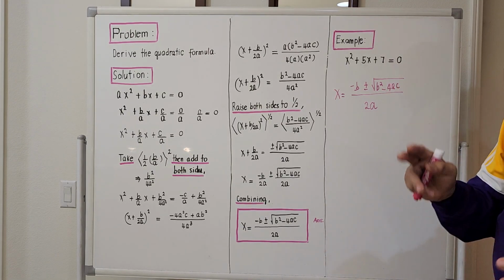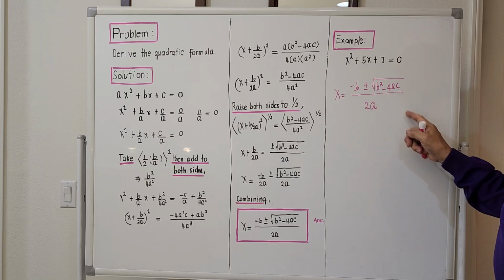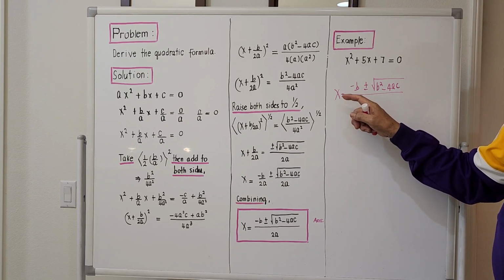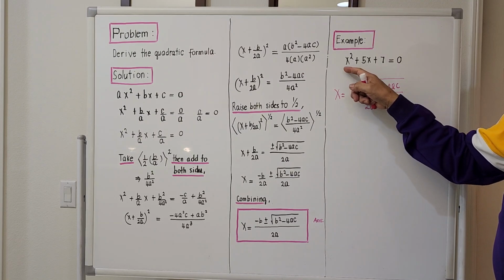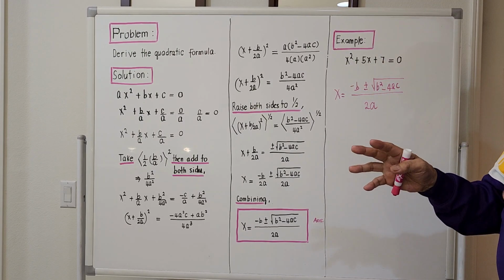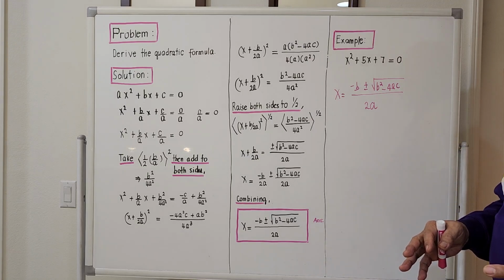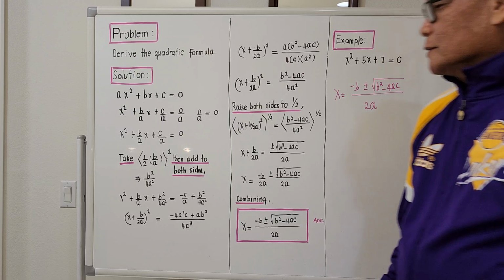And in engineering, we call this the so-called quadratic formula. It is the formula on how to compute for the value of x of a quadratic equation if that equation is not solvable by using the so-called factoring by inspection. Okay, let's proceed with the solution.